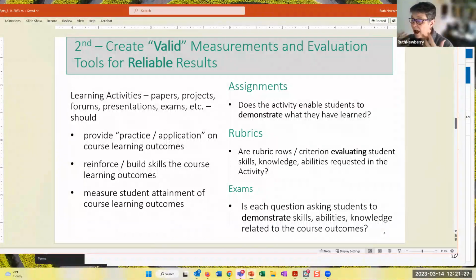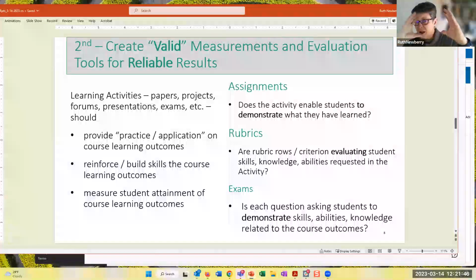So it's all about designing assignments and activities to begin to differentiate and discriminate between those who know the material, can use the material, have the skills, and those who do not.